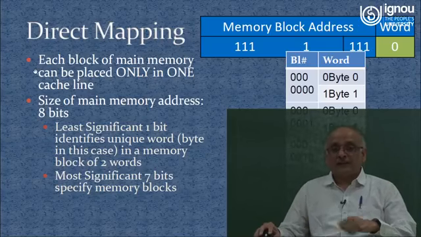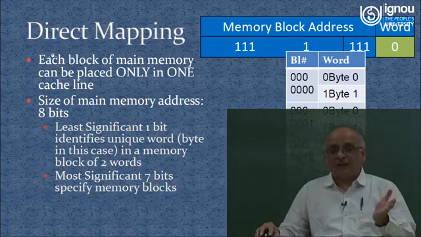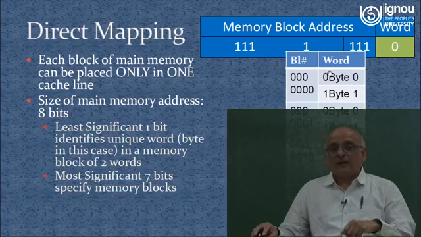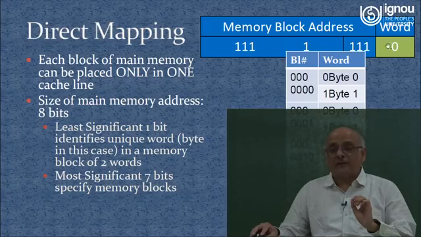So let's translate that particular example into direct mapping. Direct mapping is technically very simple. The only thing we need to learn is how the addresses are going to be mapped. Each block of main memory can be placed in only one cache line. This is a block of main memory, with byte 0 as well as byte 1.